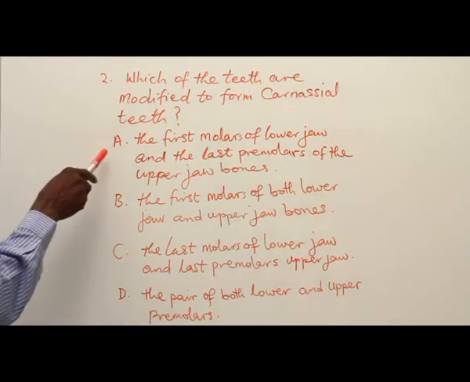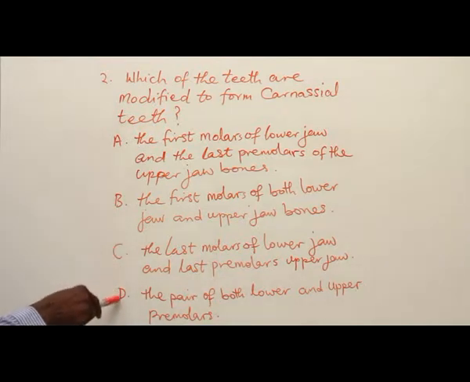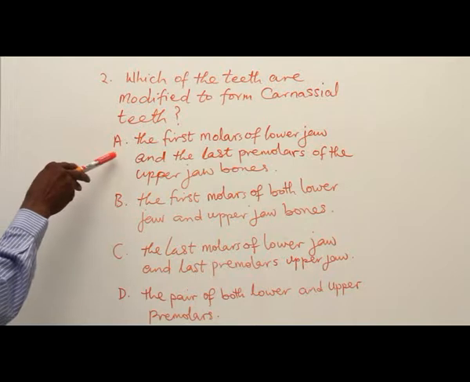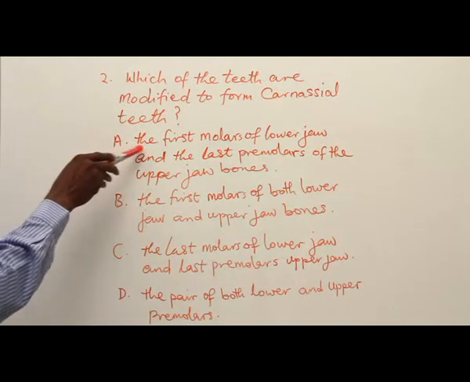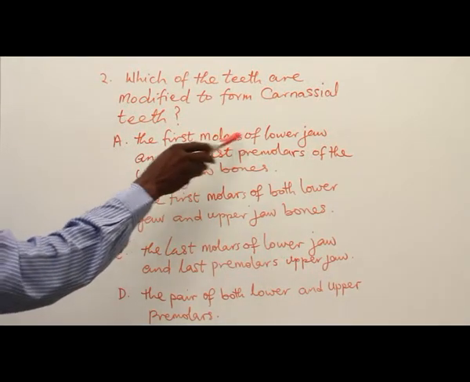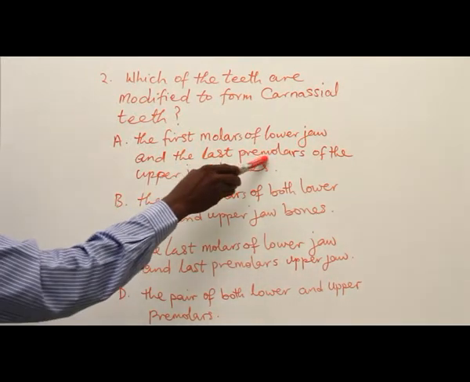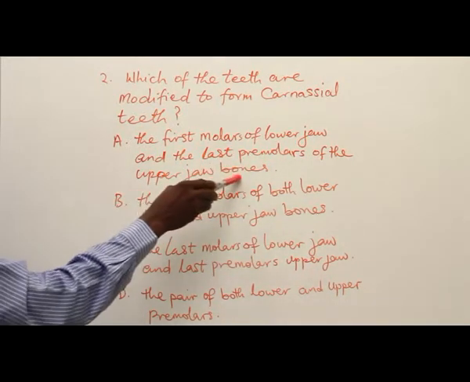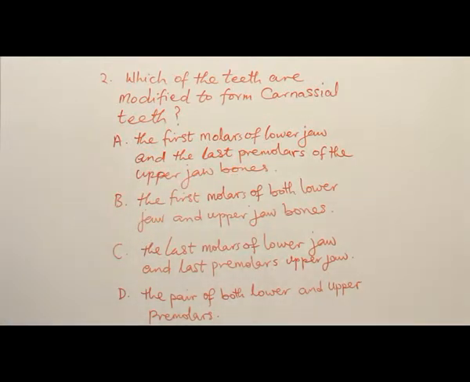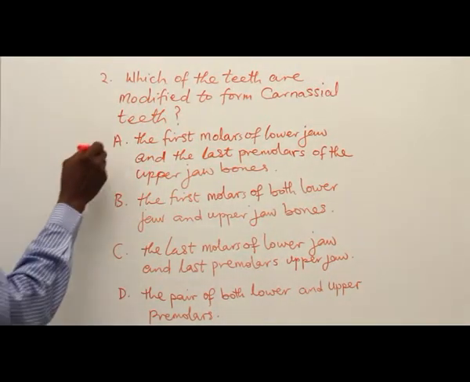So, which of the options fit this description? We discover that A fits this description: the first molars of lower jaw and the last premolars of the upper jaw bones. So our answer to the question is A.